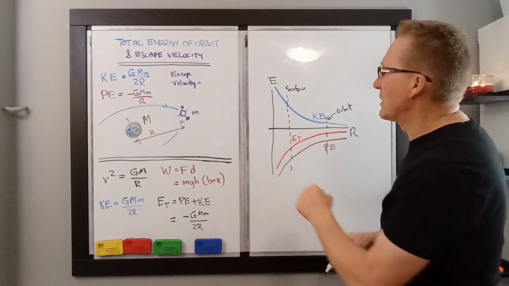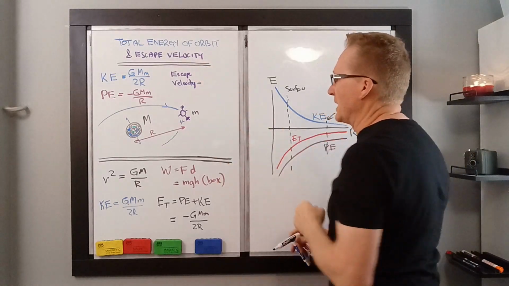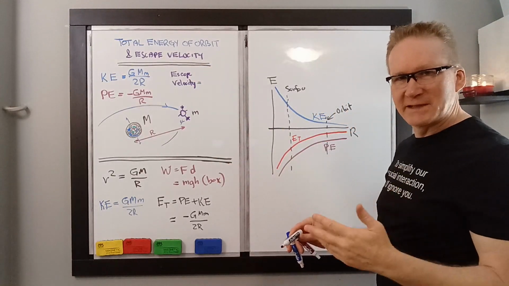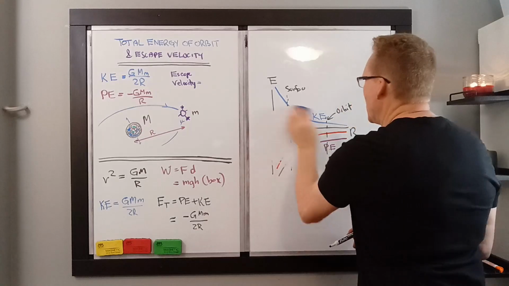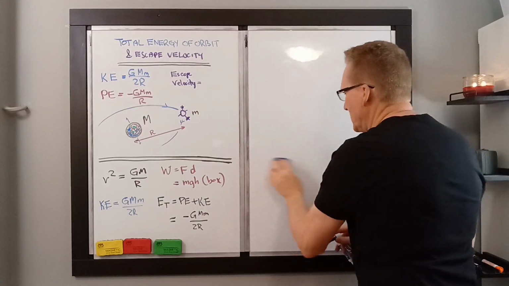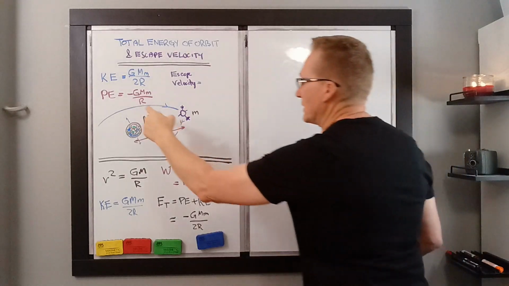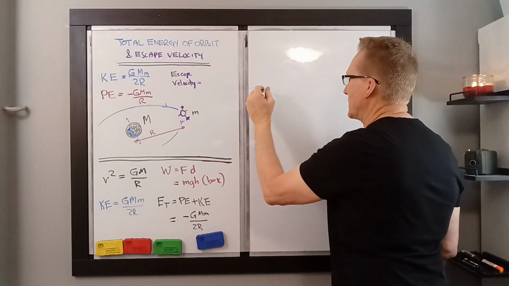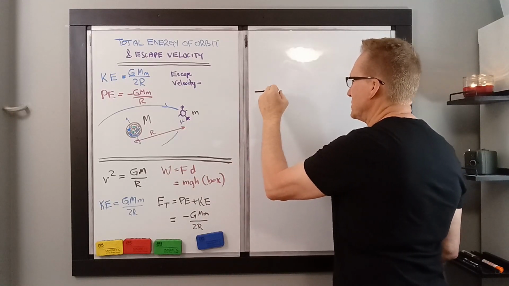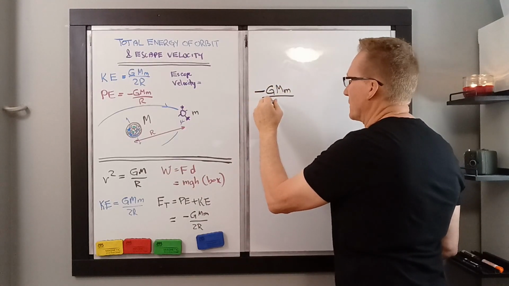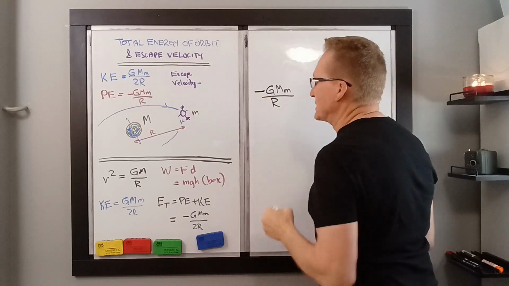Now there's one more thing that we wanted to do, and that is to find the escape velocity. The escape velocity really, in a sense, is very simple. What you do is you say, what is the potential energy of the satellite at a certain place? Well, that is this right here. So the potential energy is minus GMm over r. That's the potential energy.